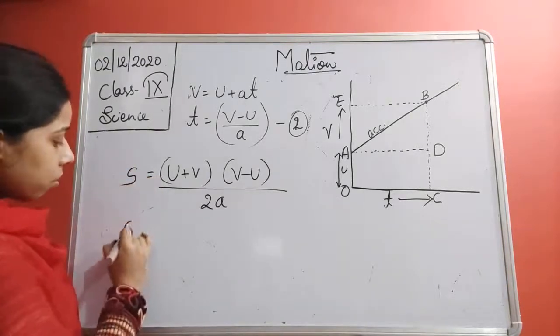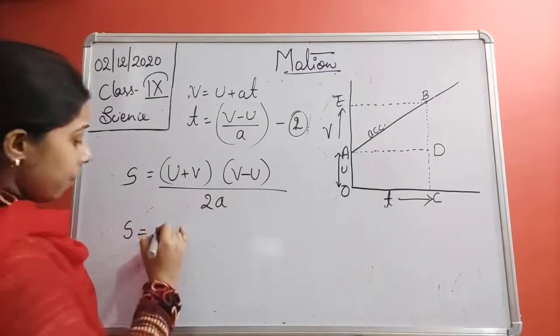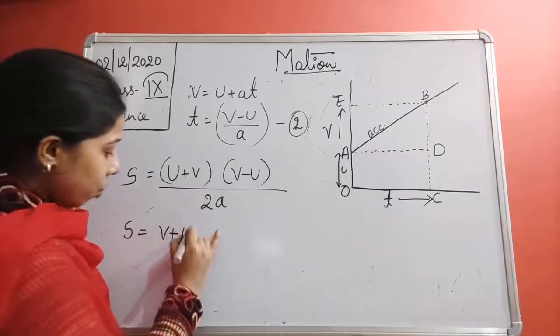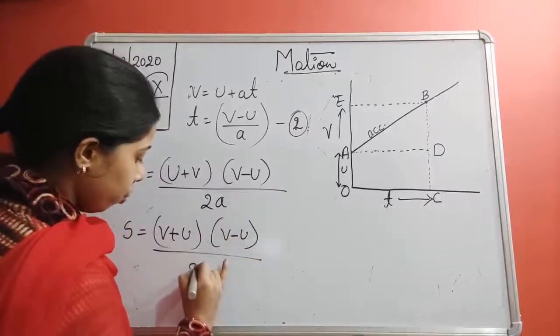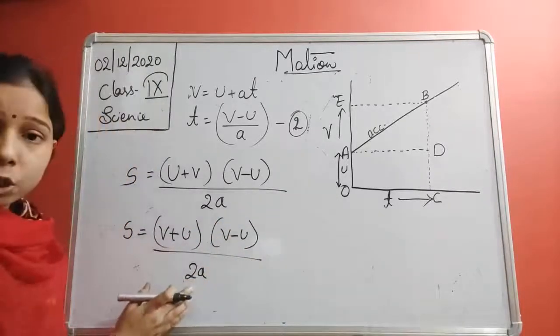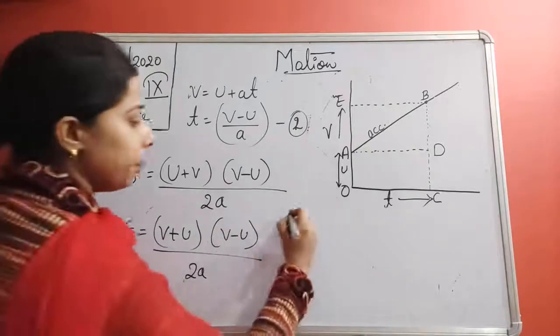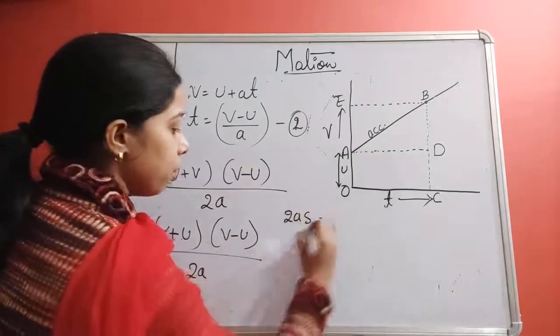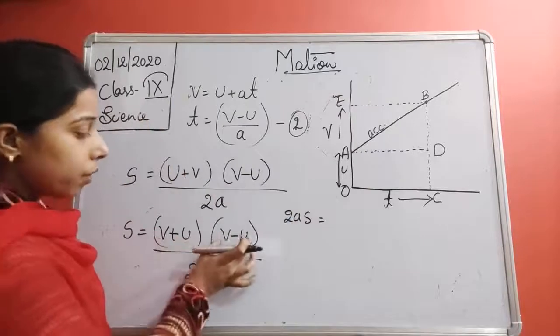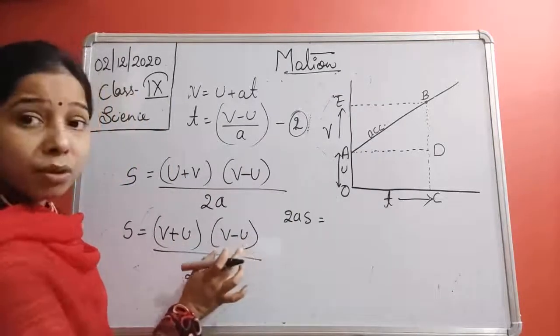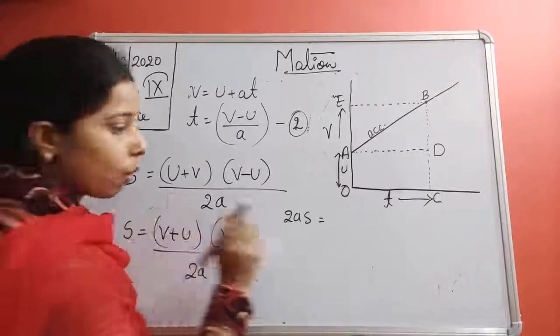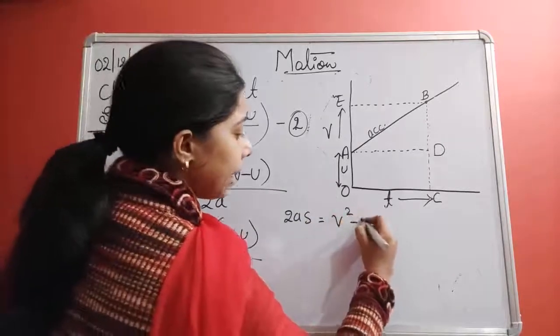We can also write it as v plus u into v minus u upon 2a. If this 2a goes to the other side, it will be 2as is equal to. Now, v plus u and v minus u, like a plus b into a minus b is equal to a square minus b square. So it will be v square minus u square.